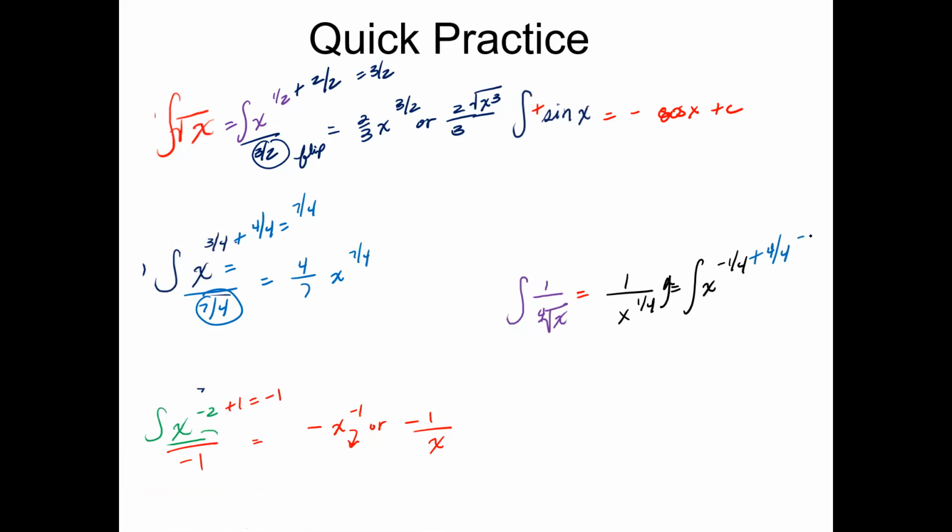So negative 1 over 4 plus 4 over 4 is a positive 3 over 4. You also have to divide by 3 over 4, so you flip that. That's a 4 over 3, x to the 3/4 plus c. And actually, I need to put plus c on all of these. Didn't think about that. But yeah, there's a plus c involved.